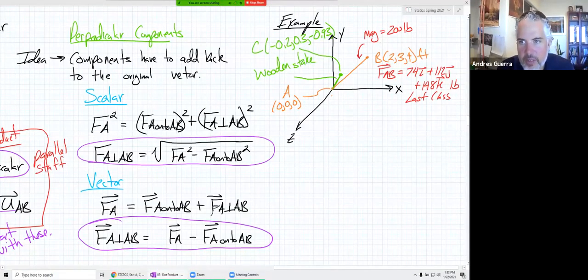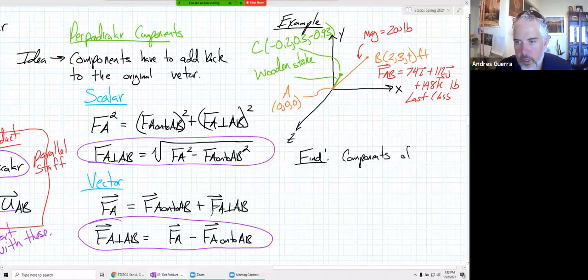And so what we want to find for this problem then is, let's find the components of F_AB that are parallel and perpendicular to AC.